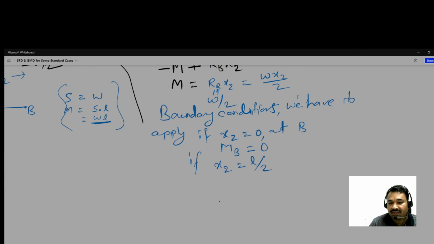Once again, because we are talking about C. So whatever the relation is, we want to extend up to C, and it is L by 2.